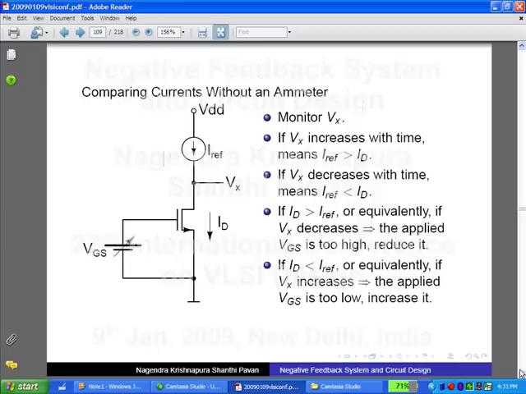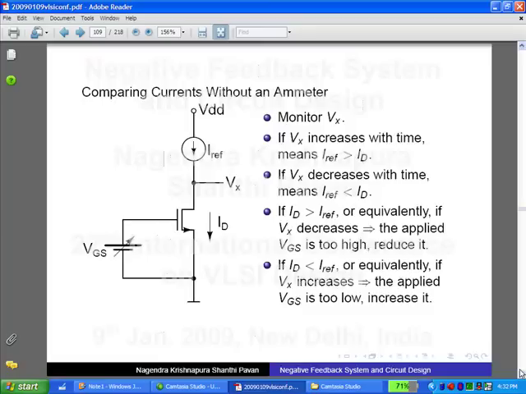The only thing we can say about the middle node potential is that the potential of this node will remain unchanged if this current is exactly equal to Iref. The only thing we cannot say is what that potential is. But this potential will remain unchanged. That's the only thing we can say.